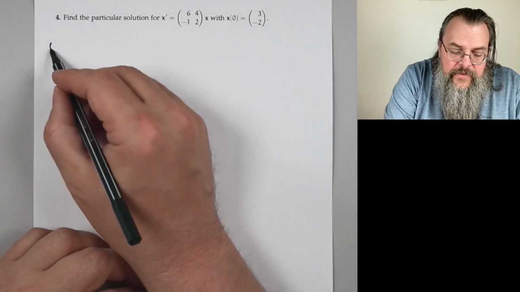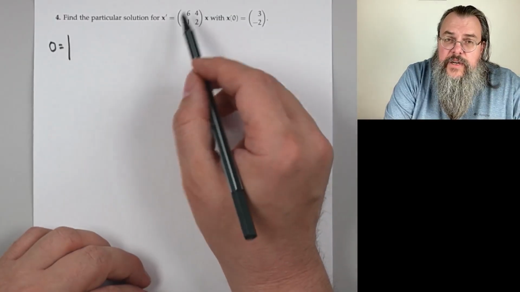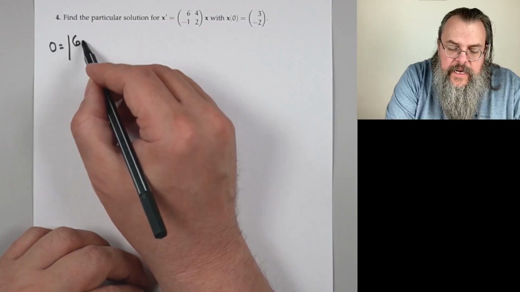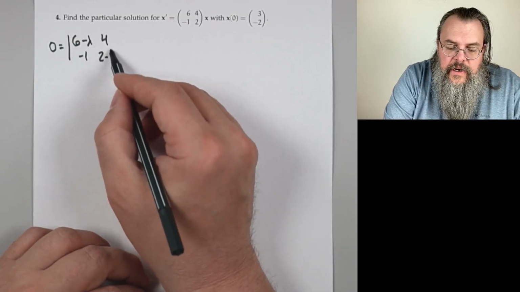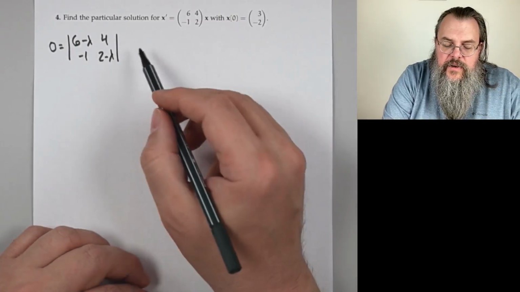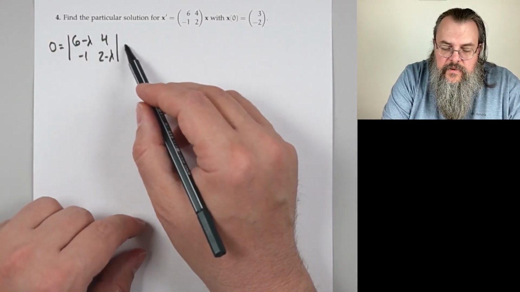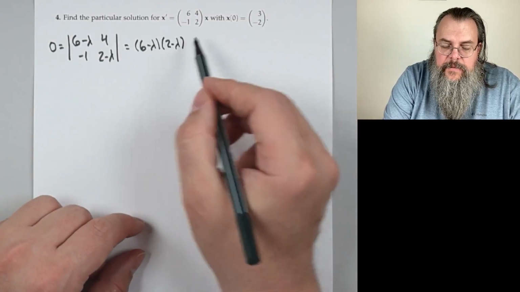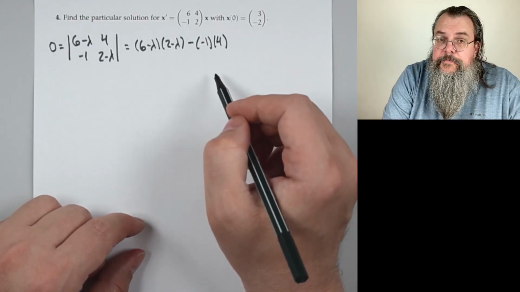So finding the eigenvalues, we're going to set 0 equal to the determinant. We take our matrix, let's call this A minus lambda I, which means we subtract lambda on the diagonal. All right, good. So multiply, subtract, multiply. We have 6 minus lambda times 2 minus lambda, subtract negative 1 times 4.